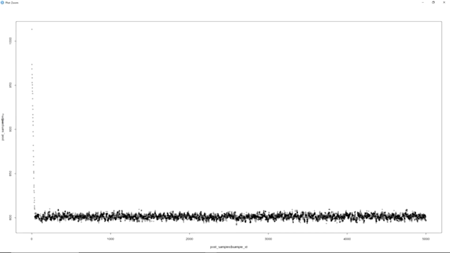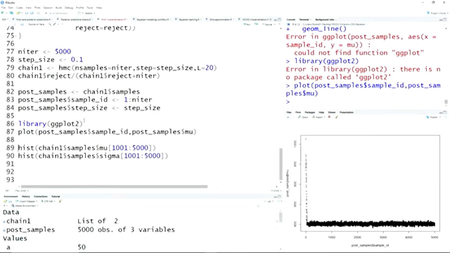I plotted this as a point plot, so it might look slightly weird. But what happened here is that the sampling started somewhere at this point, and it quickly converged to the actual posterior. I think it just took 100 or 200 samples to reach here. So it very quickly converged. So I think this is a good step size parameter.